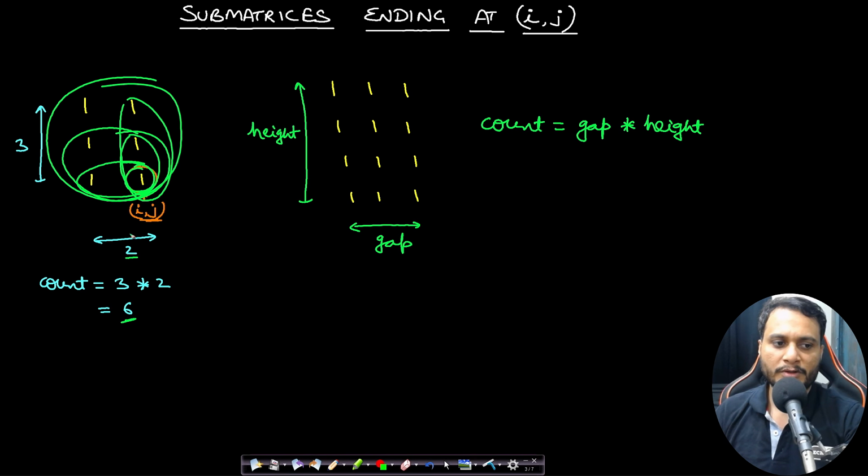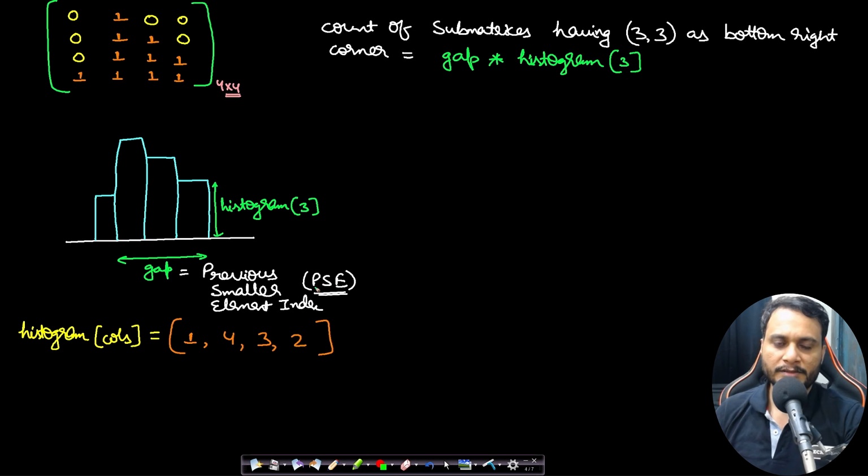It will always be equal to the gap multiplied by height, right? So in this example, the height is 4, the gap is 3. So the count of submatrices ending at this point will be 12. 4 times 3. So I hope this formulation is clear.